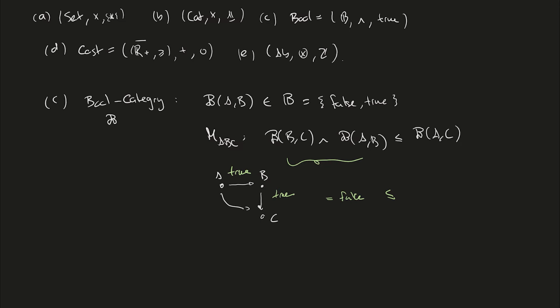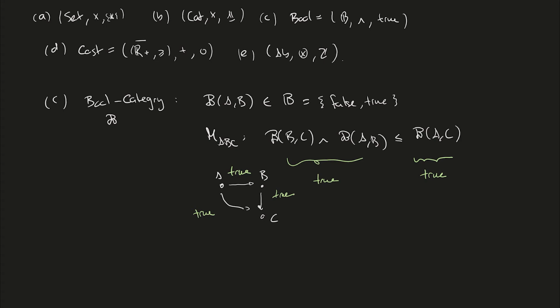we have that this expression on the left is true, and this needs to be less than or equal to the expression on the right, but the only way that that's possible is if the expression on the right is also true. So in that case, we already know what the value between A and C needs to be.